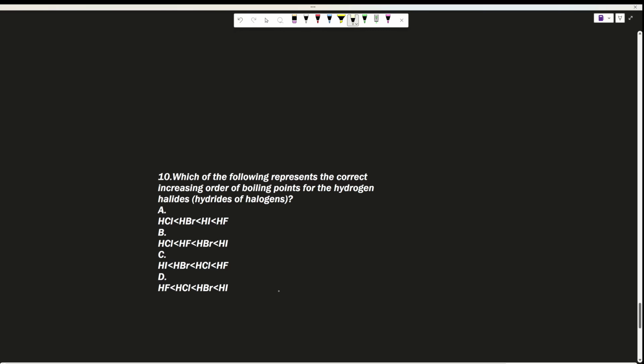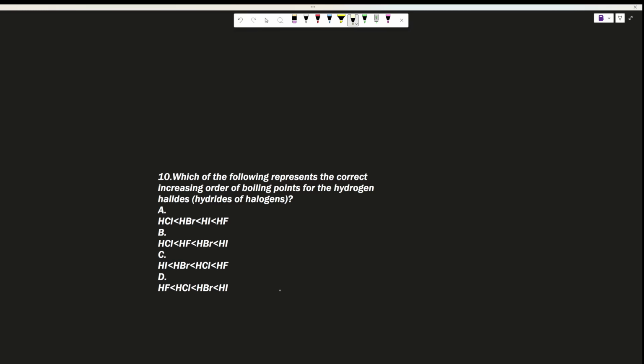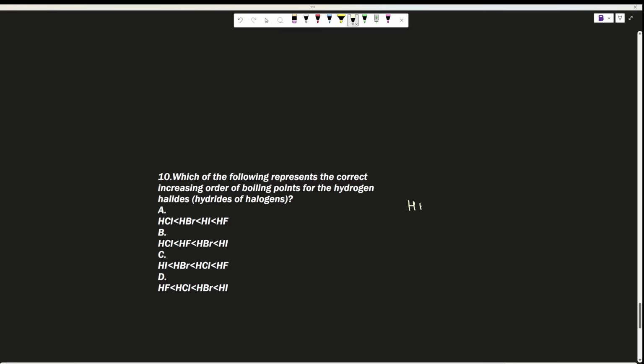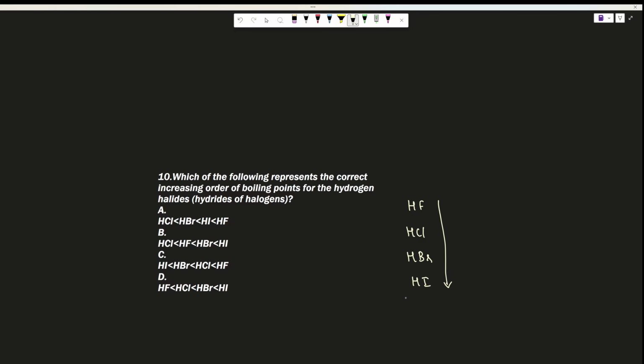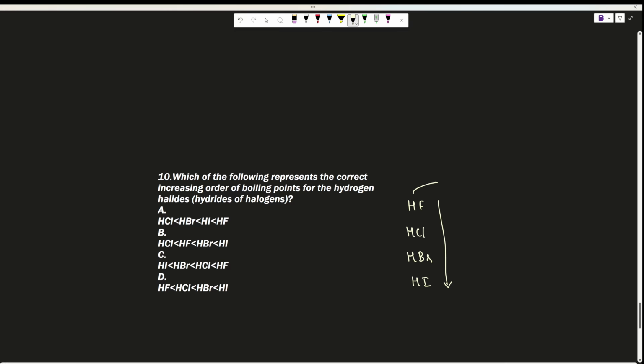Next. Which of the following represents the correct increasing order of boiling points for the hydrogen halides? Here again, if you consider HF, HCl, HBr, and HI, we are talking about the boiling point. As you move down, the molecular mass will increase, so the boiling point has to increase. That is the general case. Now again, like in other groups, HF has hydrogen bonding. Due to hydrogen bonding, its boiling point will be higher than expected.